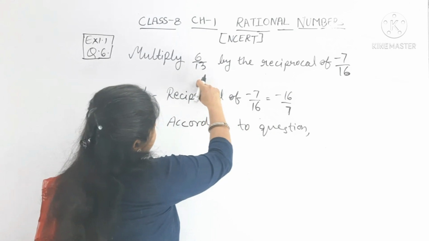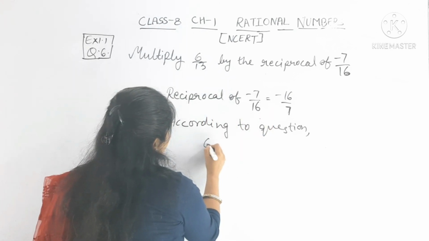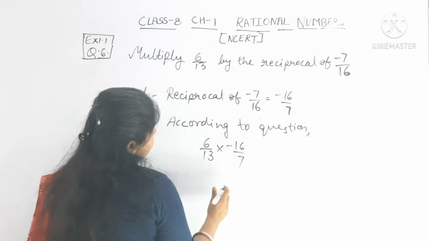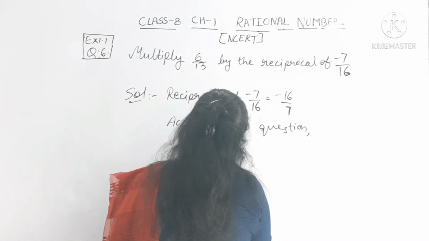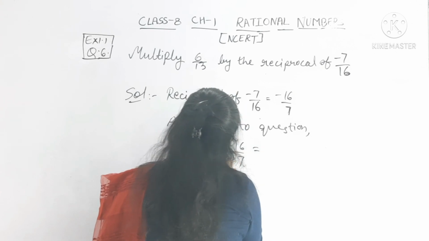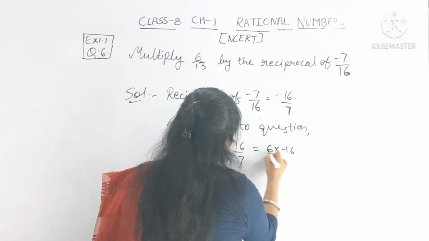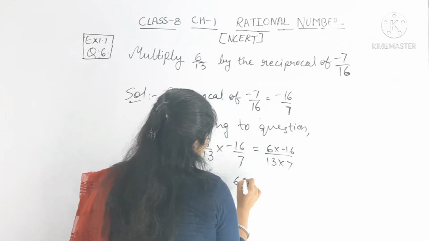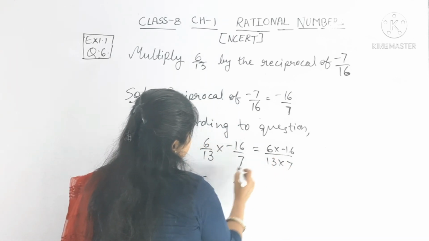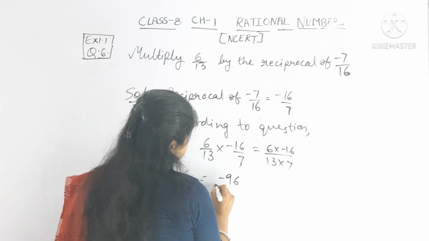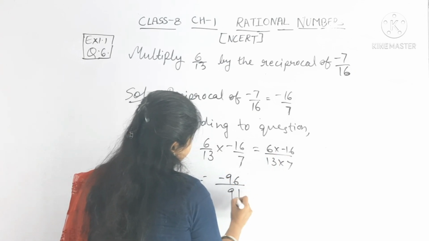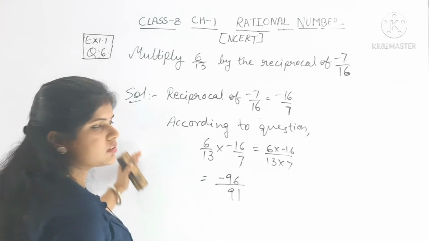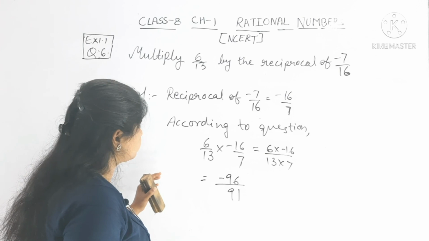We have to multiply 6 by 13 with this number. This 6 by 13 into minus 16 by 7. Okay. So 6 into minus 16 upon 13 into 7. So 16 sixes are 96, here is minus, and 13 sevens are 91. So I am getting this as the answer. Okay. So this is question number 6.